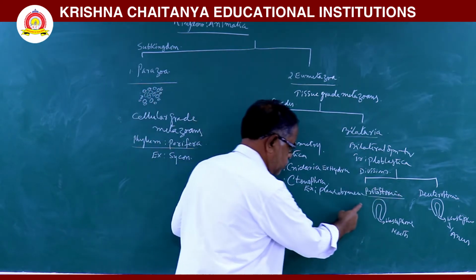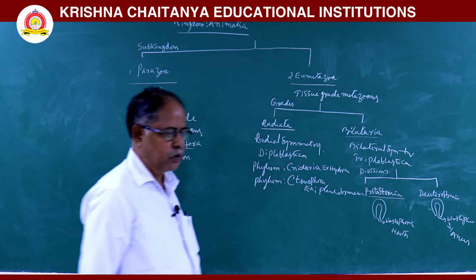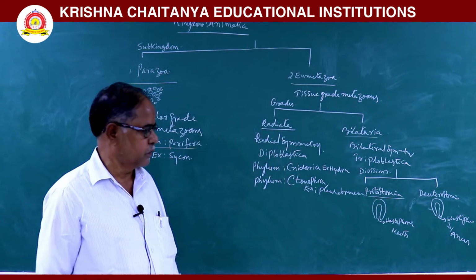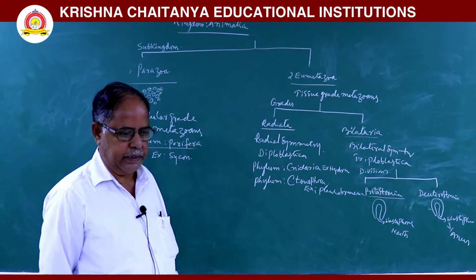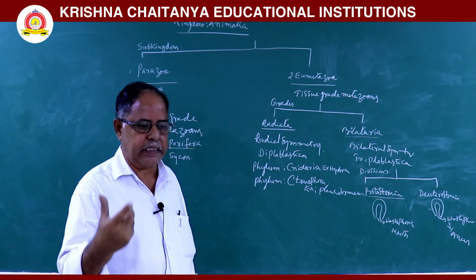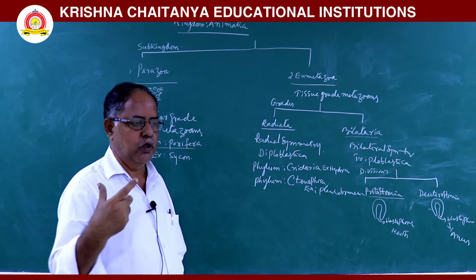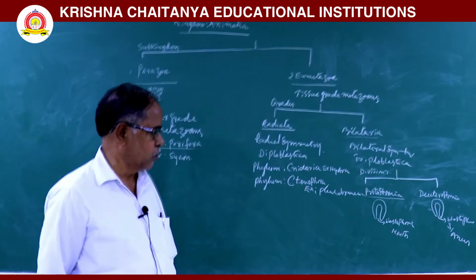In division Protostomia, in some, coelom is absent. In some, a coelom-like structure is there. In some, a true coelom is there.